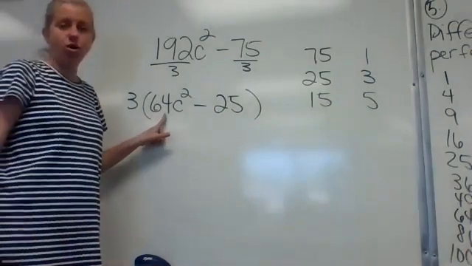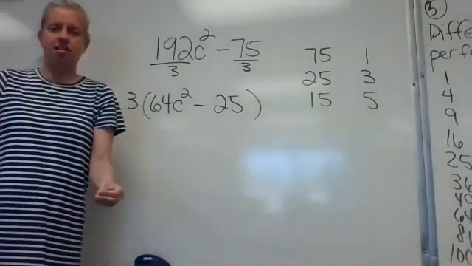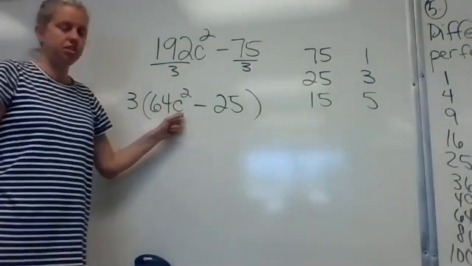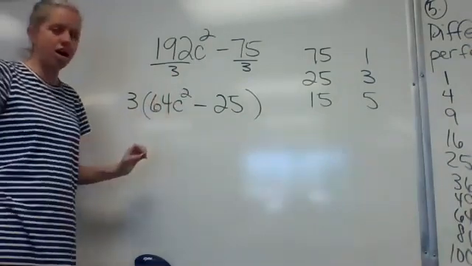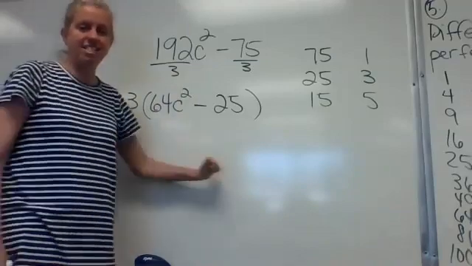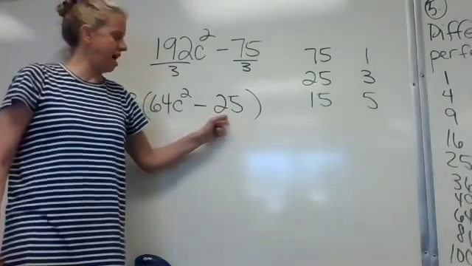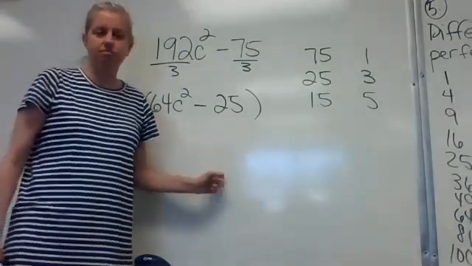So let's see, is 64 a perfect square? Yeah, I could use 8 and 8. So is c squared, right? You can use c and c. So to get 64c squared, what can I use? 8c, 8c. What about 25? Yeah, I can use 5 and 5.